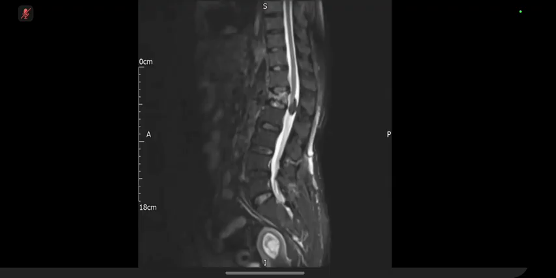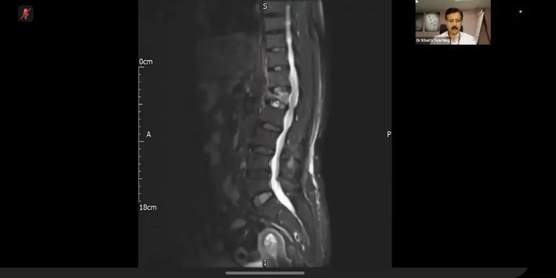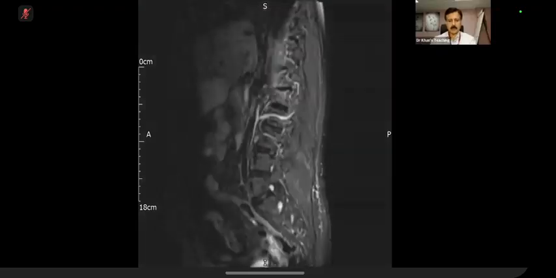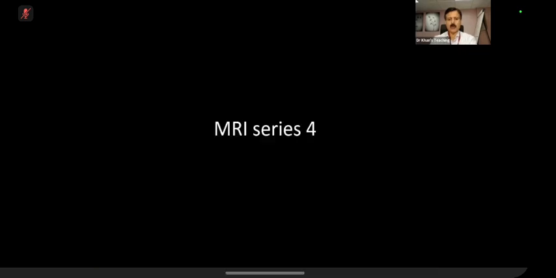Having a look at the cord, there's a focal area of expansion local to this vertebral body. Please continue. This was a STIR. Okay. Okay, go back and give me your diagnosis.